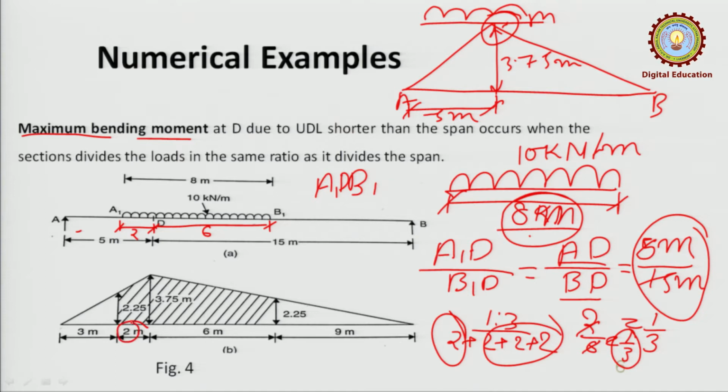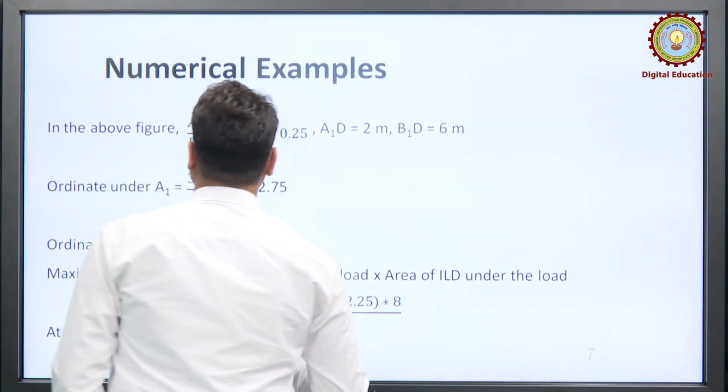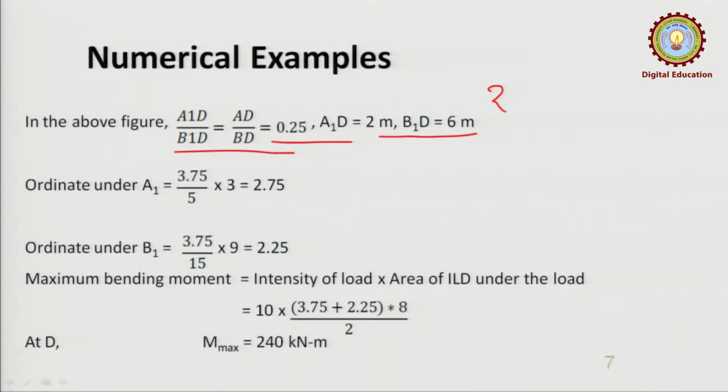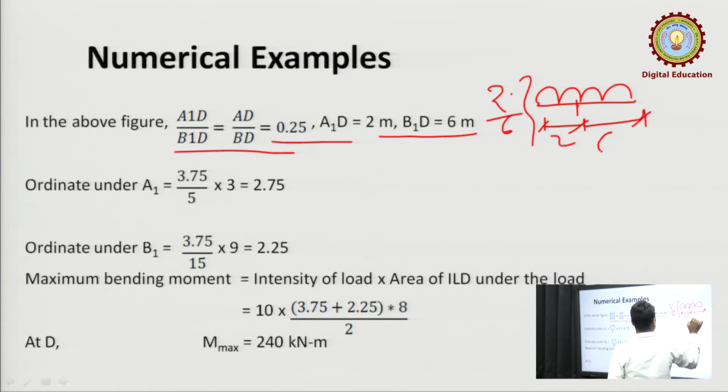The same value we can find here, as we calculated. As you can see, the same values are coming, 2:6. That means the UDL is divided into 2 meter and 6 meter parts.